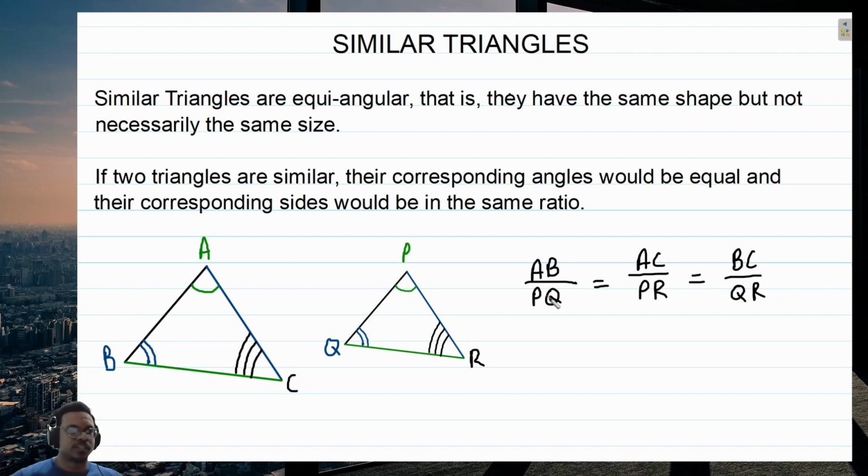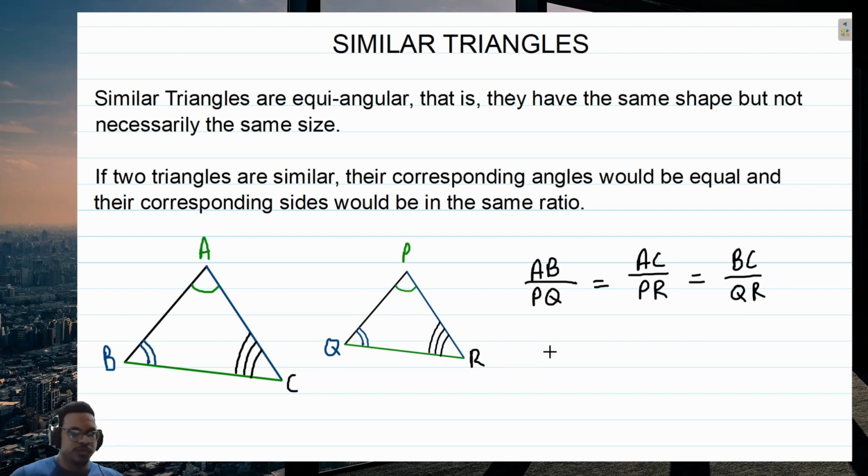When I'm looking at the corresponding sides, if I'm putting the length from the bigger triangle as the numerator and then the length of the smaller triangle as the denominator, I must continue that same pattern throughout. So AC would be from the bigger triangle, BC would be from the bigger triangle, PR would be from the smaller triangle, and QR would be from the smaller triangle.